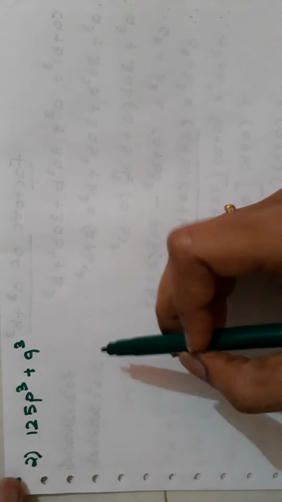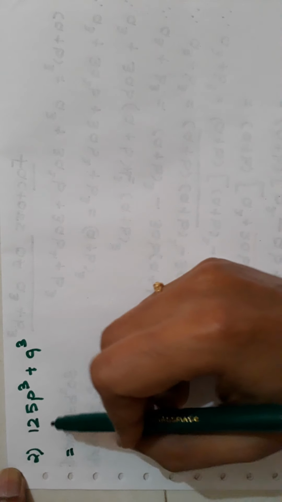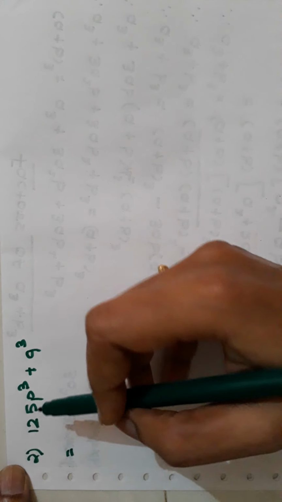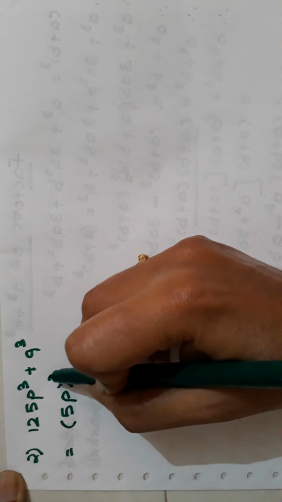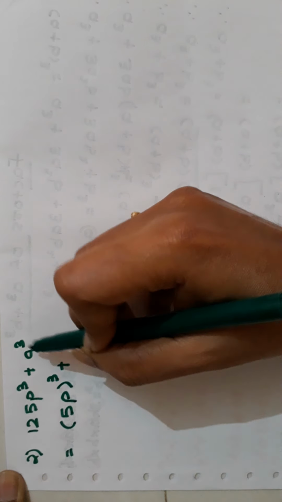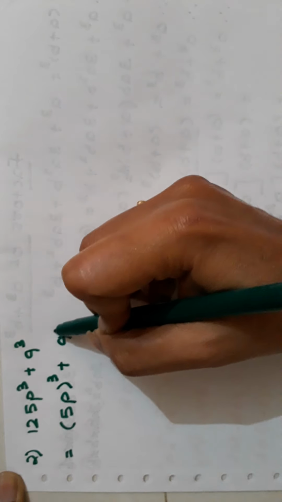Second question, factorize 125p cube plus q cube. First we write this algebraic expression in the form a cube plus b cube. 125 is the cube of 5, so (5p) the whole cube, plus q cube is the cube of q.